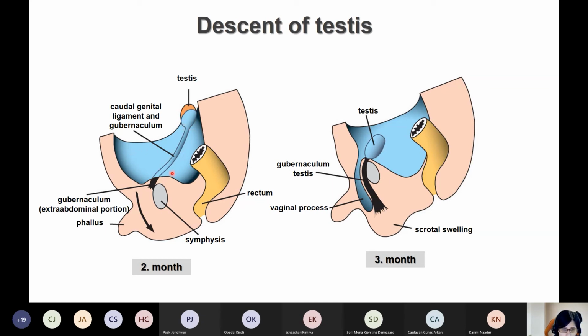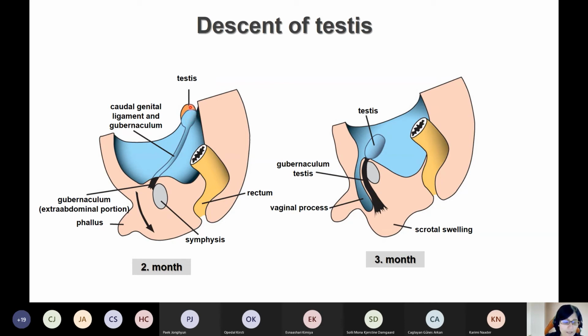So this blue layer is the parietal peritoneum, and behind the parietal peritoneum, in the retroperitoneal space, the testis starts its development in the lumbar region, at the level of the lumbar vertebrae.